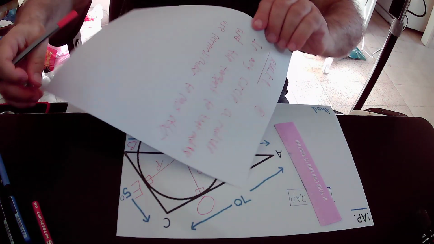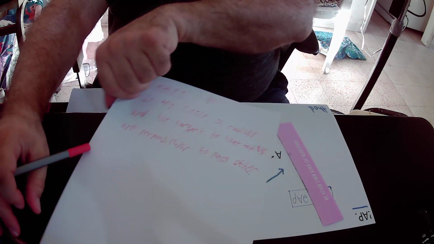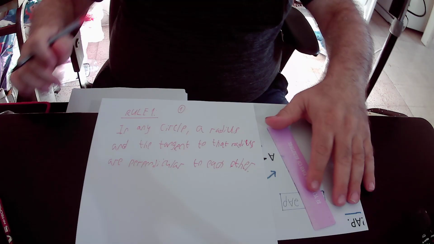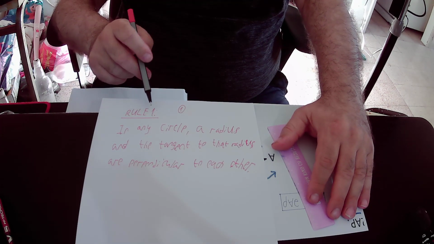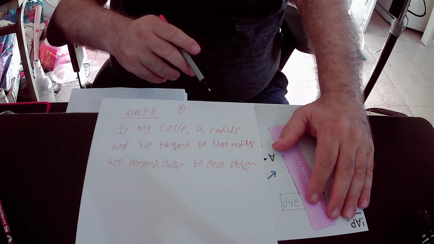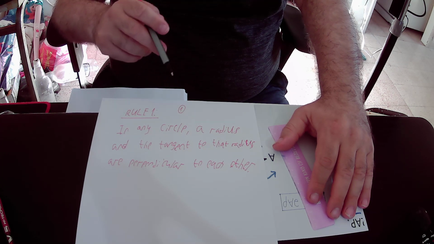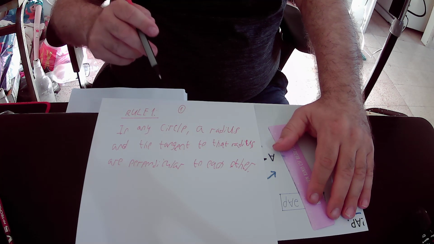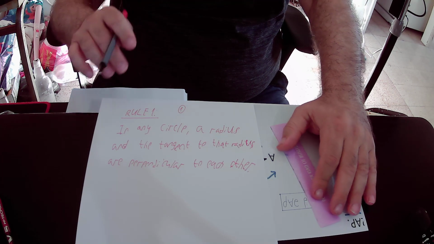Okay, I will read rule number 1 again. In any circle, a radius and the tangent to that radius are perpendicular to each other.